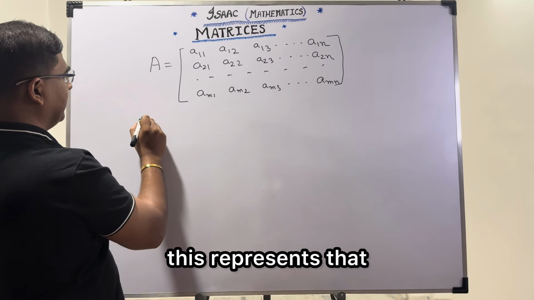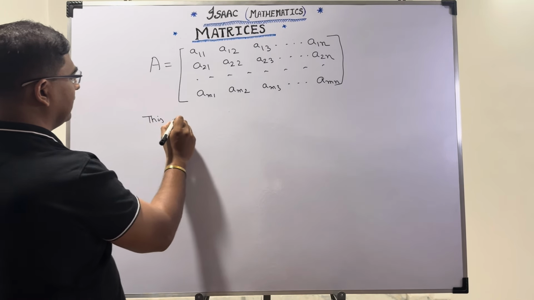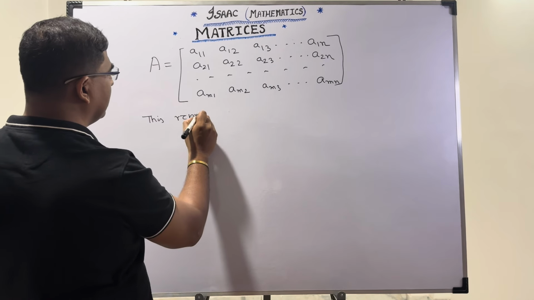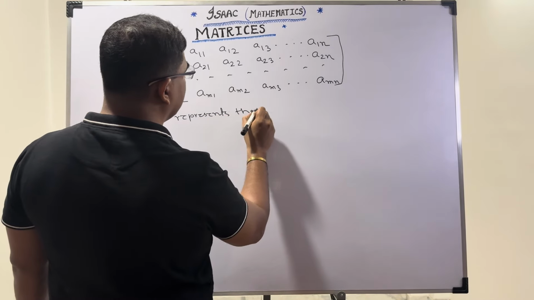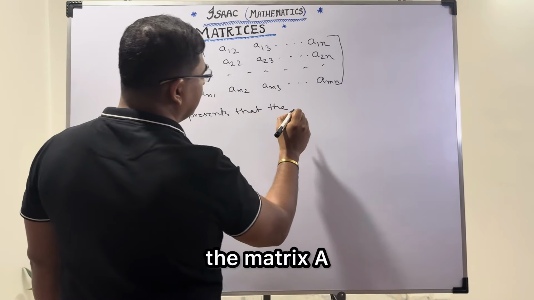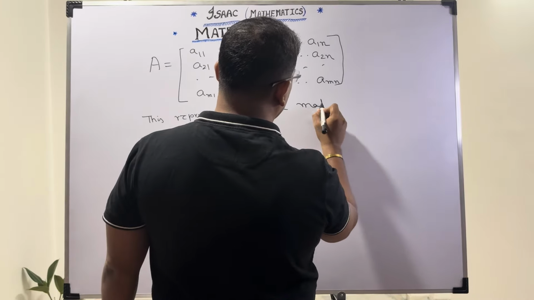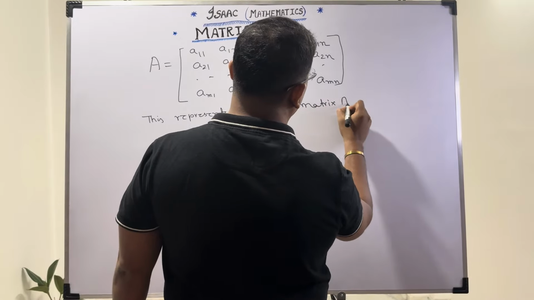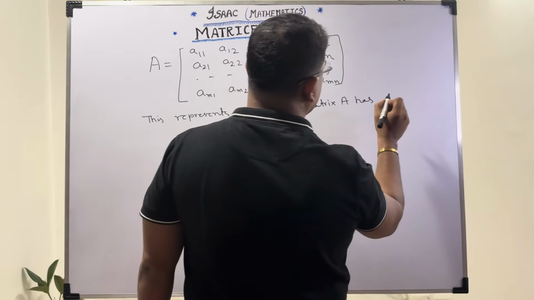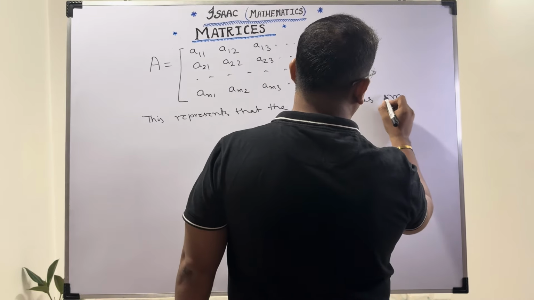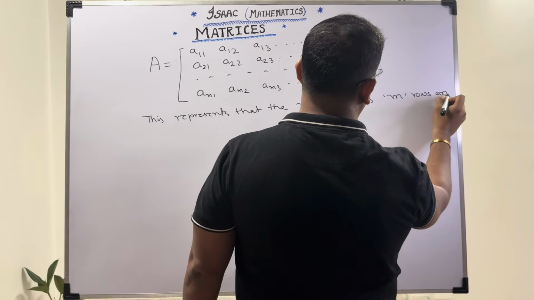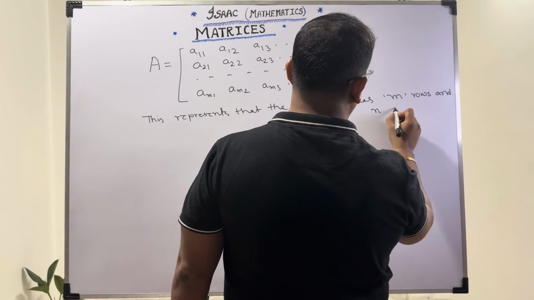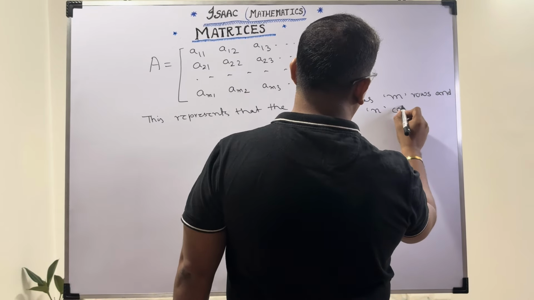This represents that the matrix A has m rows and n columns.